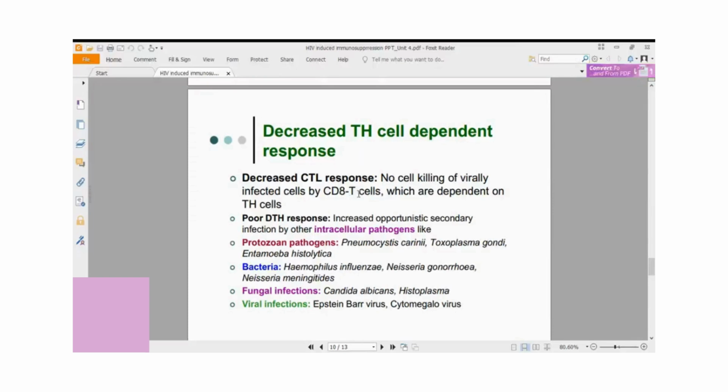It could be a viral pathogen or a bacterial pathogen, a protozoan pathogen or a fungal pathogen. I've given the list of fungi, list of protozoans and list of bacteria as well as viruses which are opportunistic and they will infect the person when the immune response is very low.